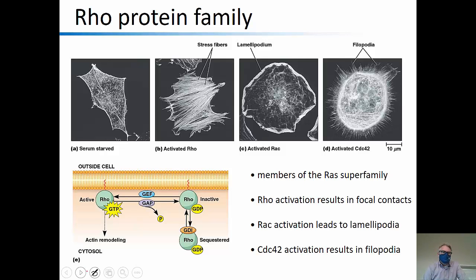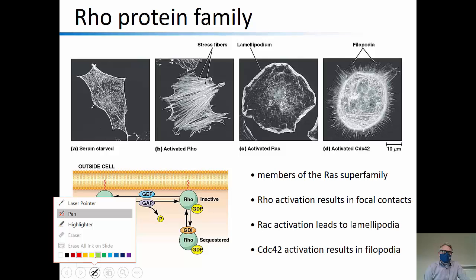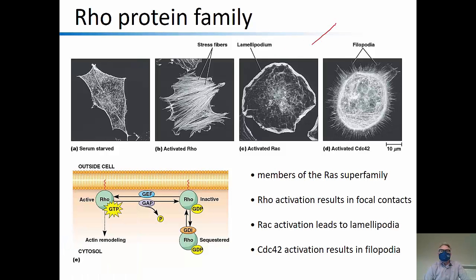I want to point out something important here, which I didn't talk about. If we were to look at any of these features, including a filopodium, here we would have this small cluster. They form these long filaments. What's important to note is that these are still cytoskeletal.